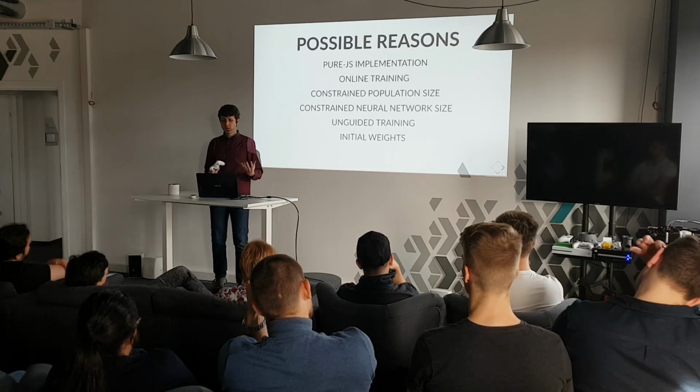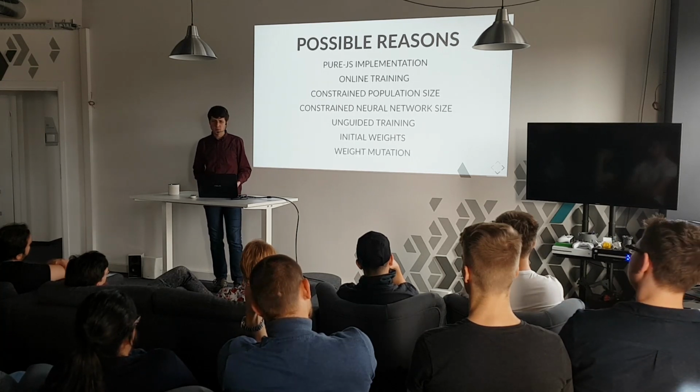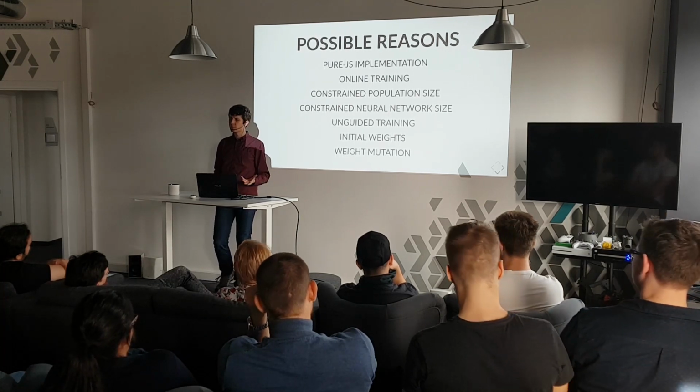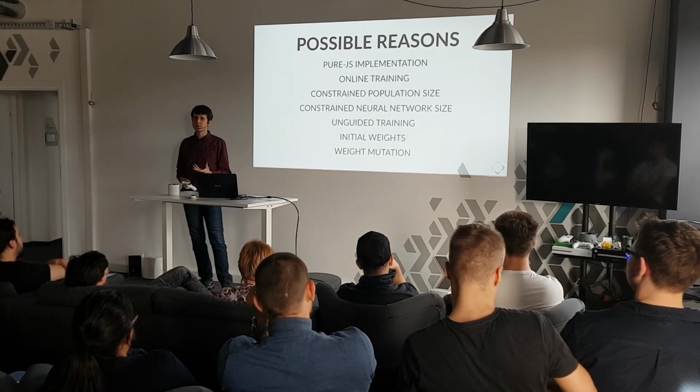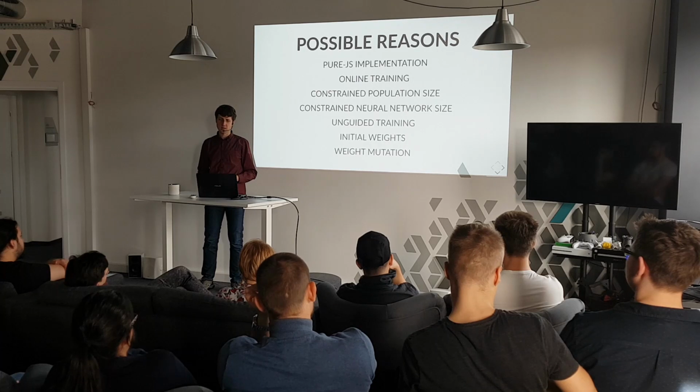So a genetic algorithm is like guessing and hoping for the best. Also, I used very simple methods for setting the initial weights of the network, and the weight mutation was also the simplest possible: just generate a random number and add it to an existing weight.